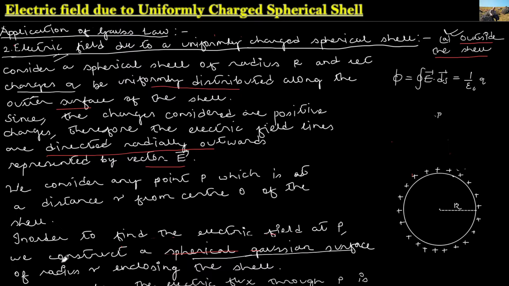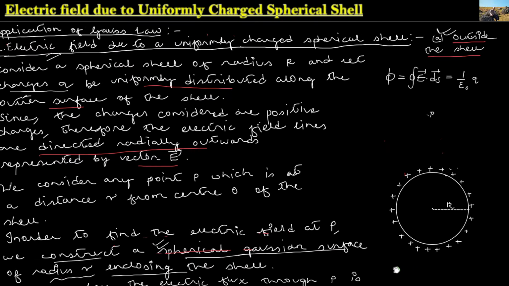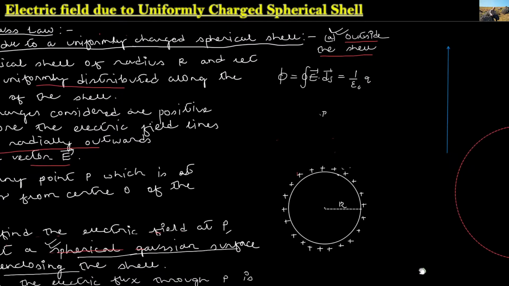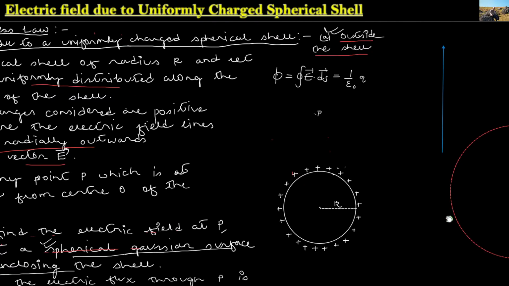That is why we construct this Gaussian surface, and the surface we choose will be a spherical surface which will enclose all the charges inside, having a certain radius r.